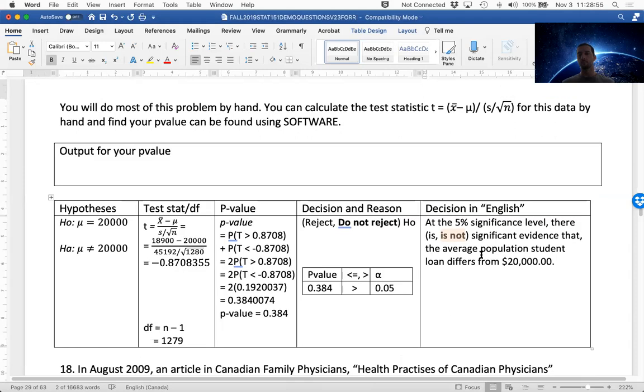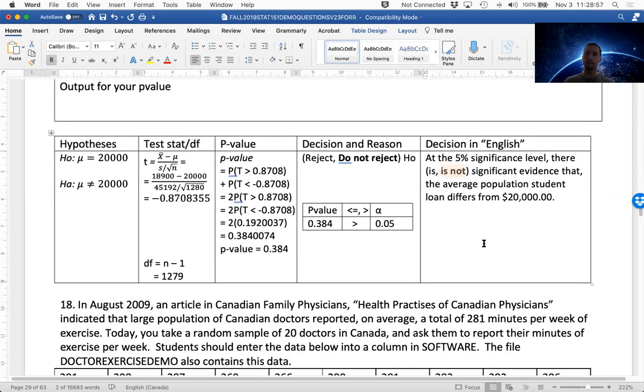So in 16H and 17H, we did the same thing, the same process, and followed the same steps. The only difference was that in 17, we had sample information. Specifically, we had the sample standard deviation and did not have the population standard deviation, which meant that the test statistic now is a t-value rather than a z-score.